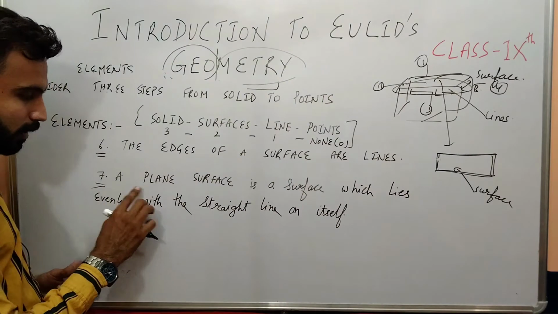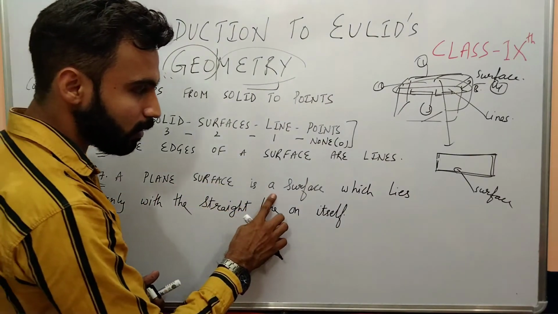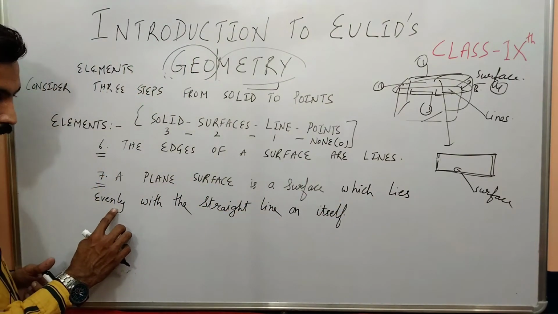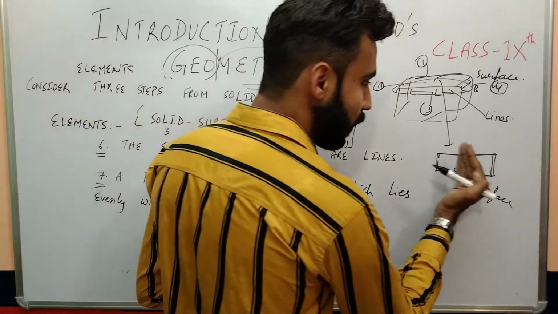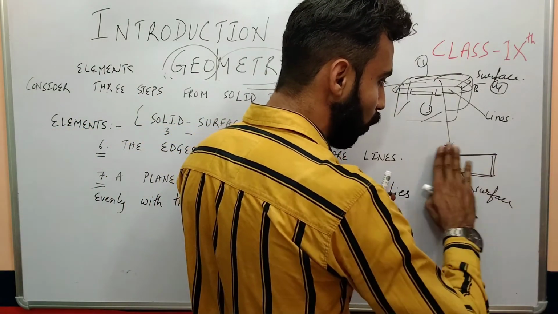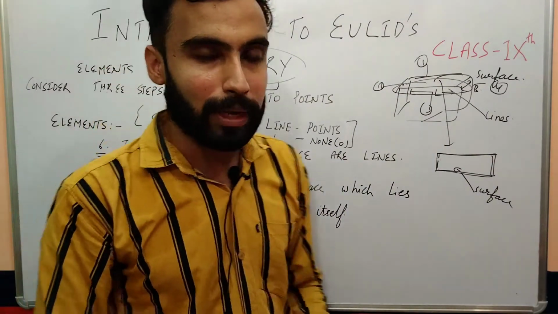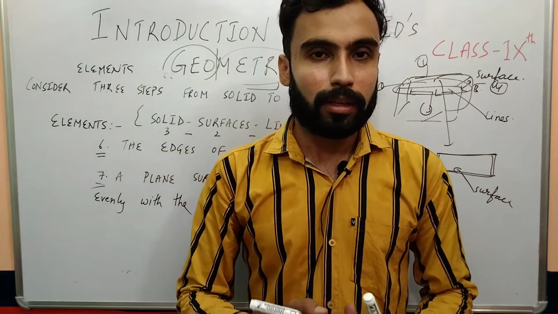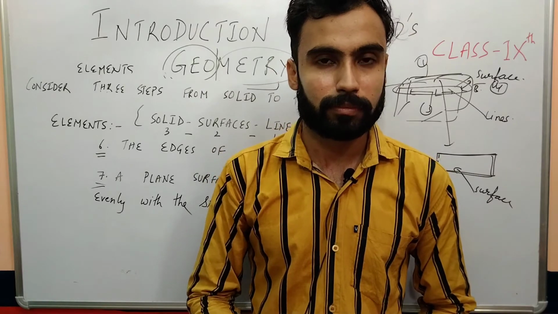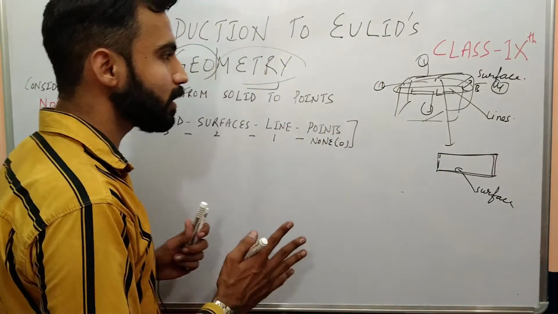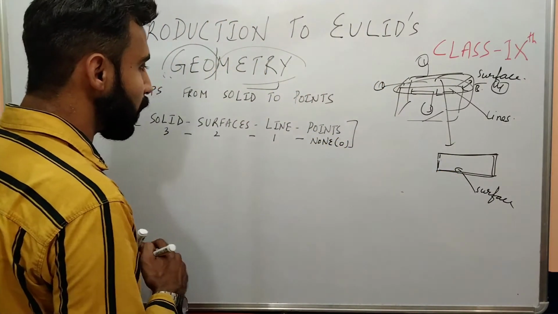So this is what it is saying, that a plane surface is a surface which lies evenly with the straight line. You can see here that this surface is lying evenly with all the 4 straight lines. So these are all the 7 elements given by the mathematician. So students, I have explained you all the 7 elements given by the mathematician.